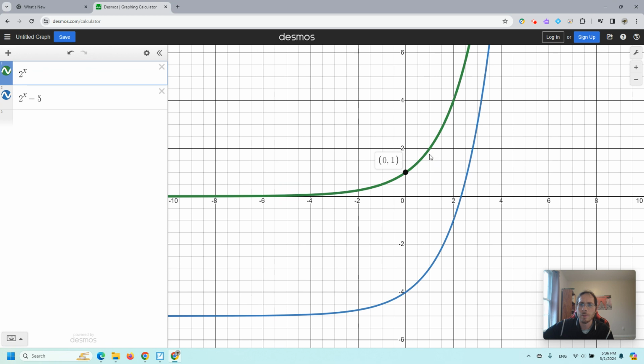Because again, we're going up by the same amount each time. So here, like I'm going from 1 to 2. That's a difference of 1. Here I'm going from -4 to -3. That's the same also.